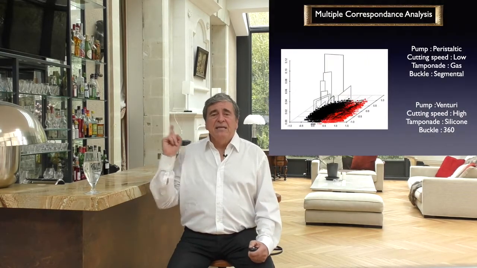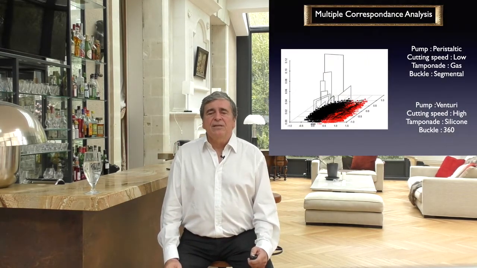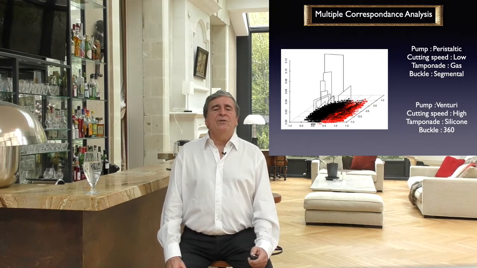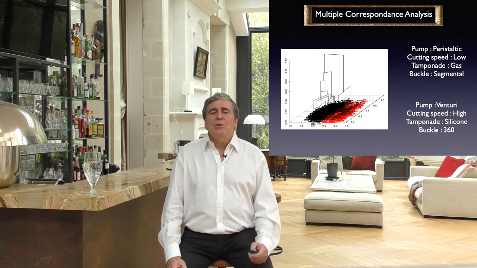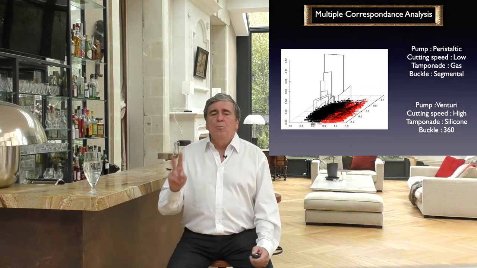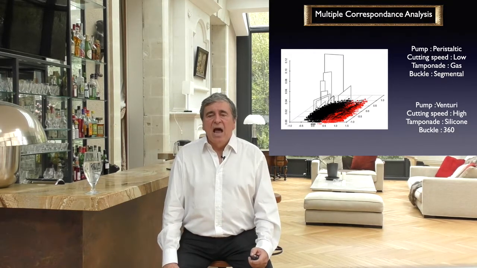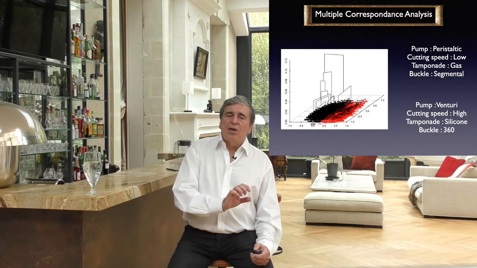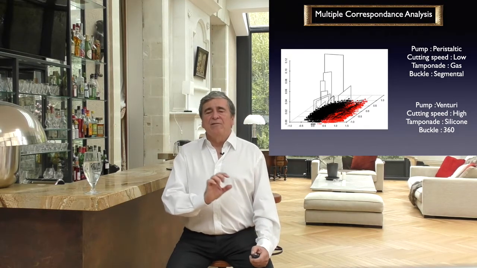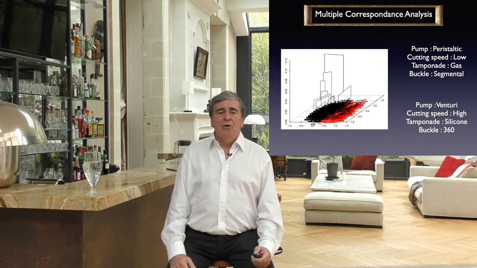And this is also demonstrated in the EV-SRD study, where a multiple correspondence study was able to individualize two groups of operator behaviors according to whether they were using a machine equipped with a venturi pump or a volumetric pump.